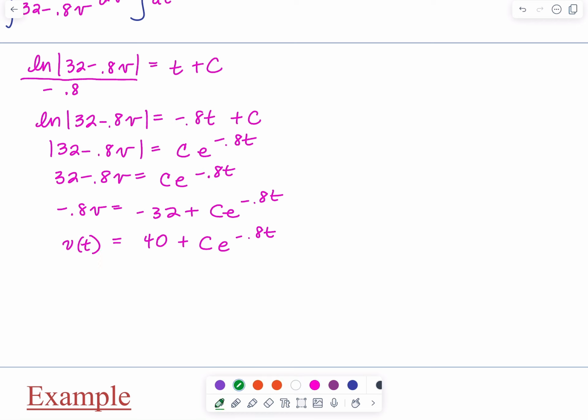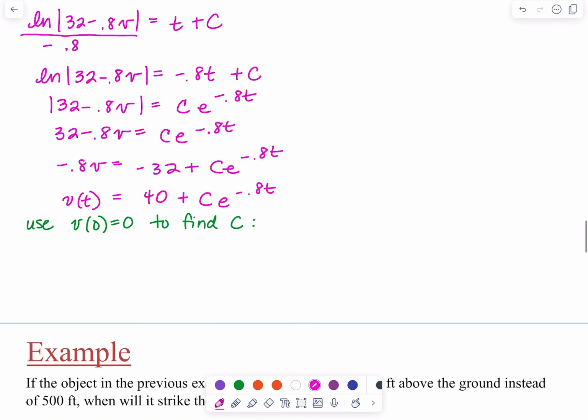Now let's go ahead and use our initial condition, V of 0 equals 0, to find C. So we have 0 equals 40 plus C e to the 0, so C is equal to 40.